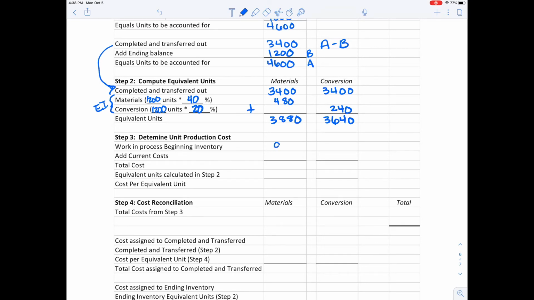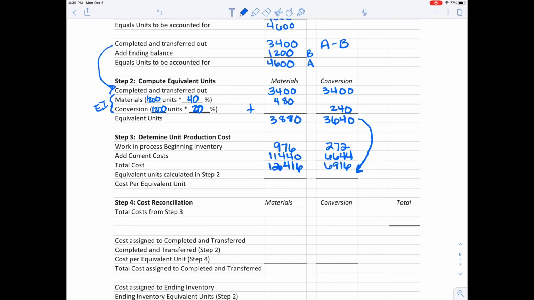Step 3 is trying to figure out all those costs that went into this. This is all just given to me. I'm just bringing it down from the problem. You can also find this problem right in your book. I'm using those numbers from the book. 12,416, if I add that together, and 6,916.